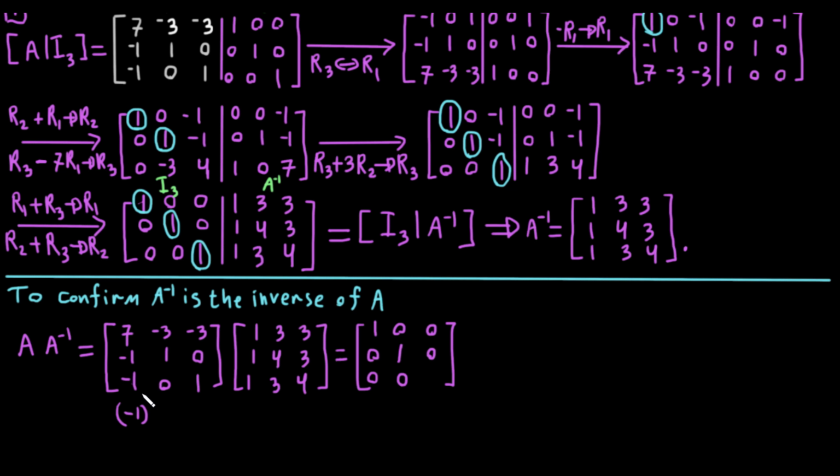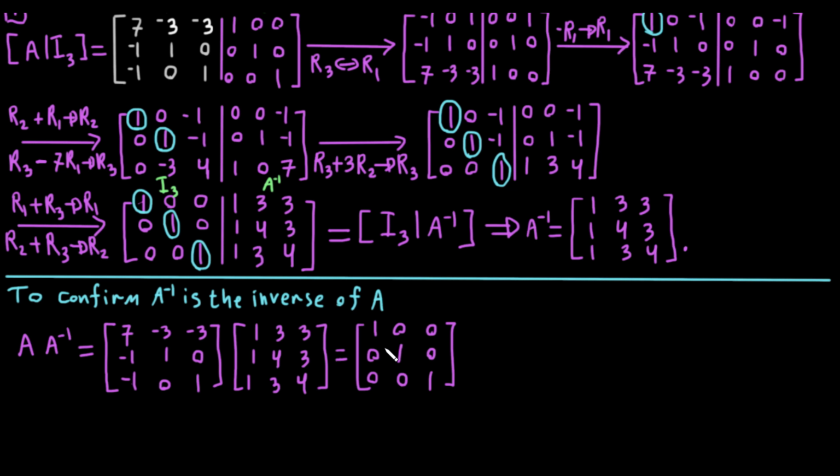So negative 1 multiplied by 3 plus 0 multiplied by 3 plus 1 multiplied by 4 equals negative 1 multiplied by 3, which is negative 3, 0 multiplied by 3, which is 0, so plus 0, 1 multiplied by 4, which is 4, equals negative 3 plus 4, which is 1, plus 0, which is 1. So I will write here 1.